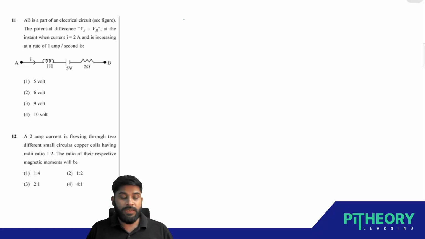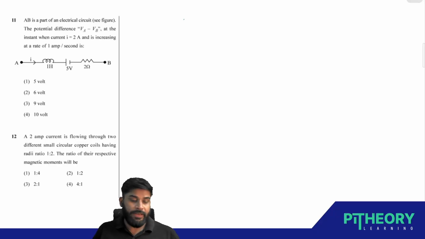Correct. So what we use here, we can apply Kirchhoff's voltage law very clearly, right? In this inductor, the EMF that is developed across it, because the current is changing, right?